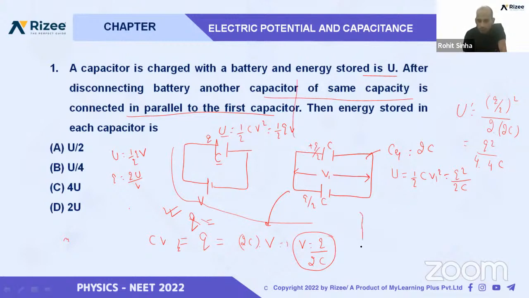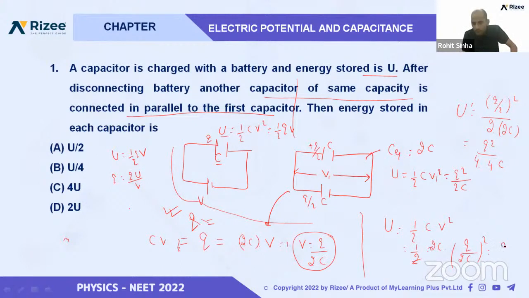Now we are using U is equal to half C V squared, like this. You can write it as half of 2C, and V squared is equal to Q by 2C whole squared.